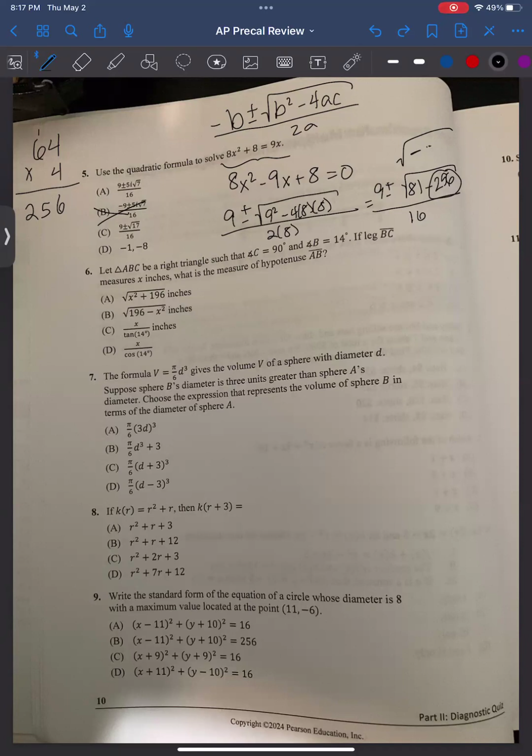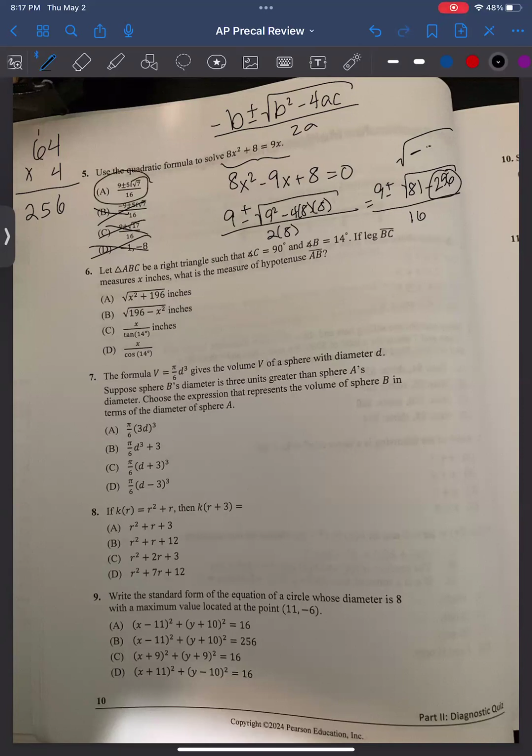Remember that the AP pre-cal thing they have really stressed is simplifying everything. Everything needs to be in simplest form, so they would not have left the answer with a negative in the radical. They would have simplified using i, meaning C and D are out because they have no i anywhere.